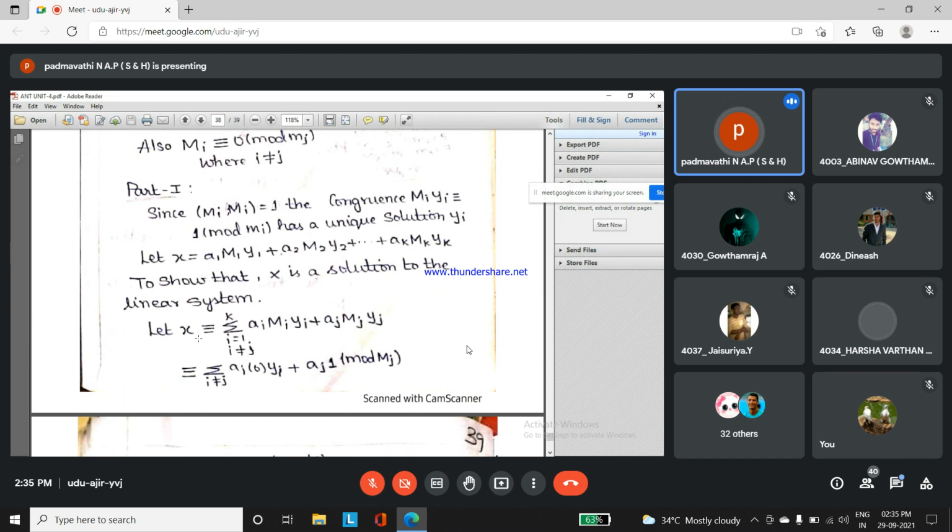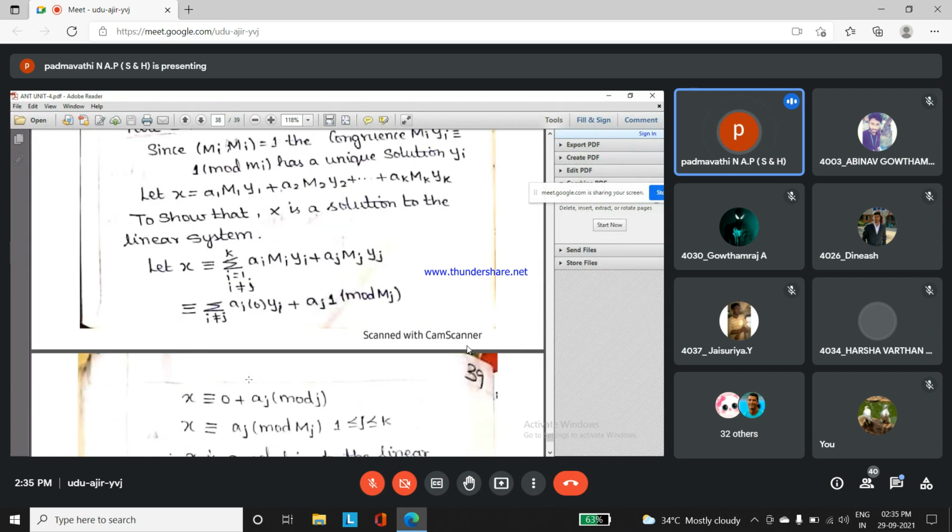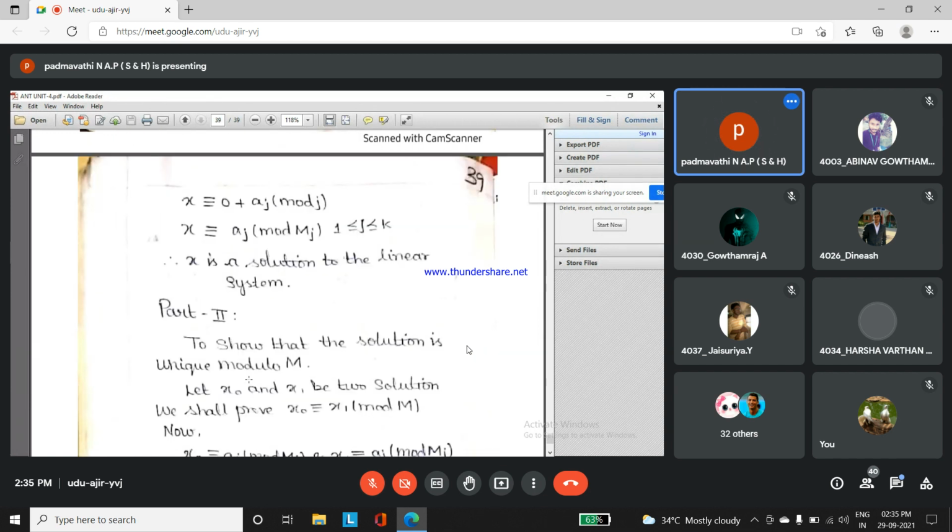That is x is congruent to summation ai Mi yi plus aj Mj yj, அப்போ i equal to 1 to k, then i is not equal to j, Mi value வந்து 0. Okay substitute பண்ணுங்க, that is enough.